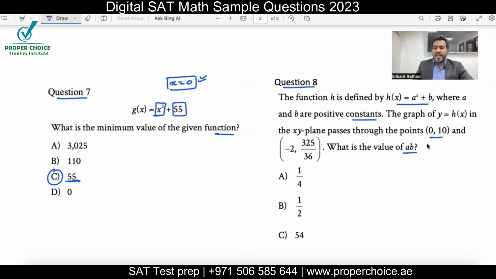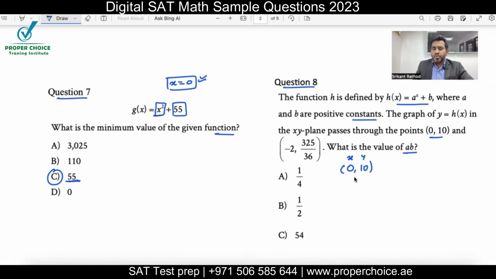So let's work that out. As they said, the graph passes through these coordinate points. Let's first take the initial point, (0, 10). We always represent this as the value of x and this as the value of y, or the function h of x in our case.